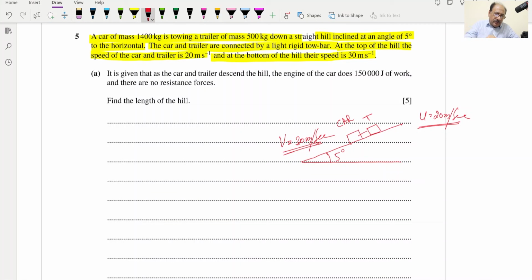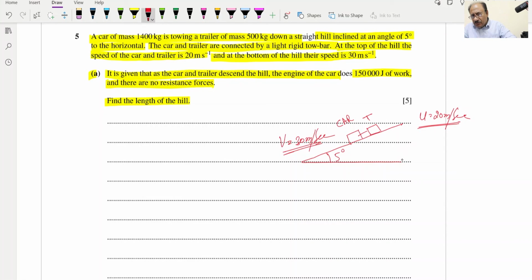Next, a part says it is given that as car and trailer descend the hill, the engine of the car does this much joules of work, and there are no resistance forces. Find the length of the hill. So height of the hill we can check.